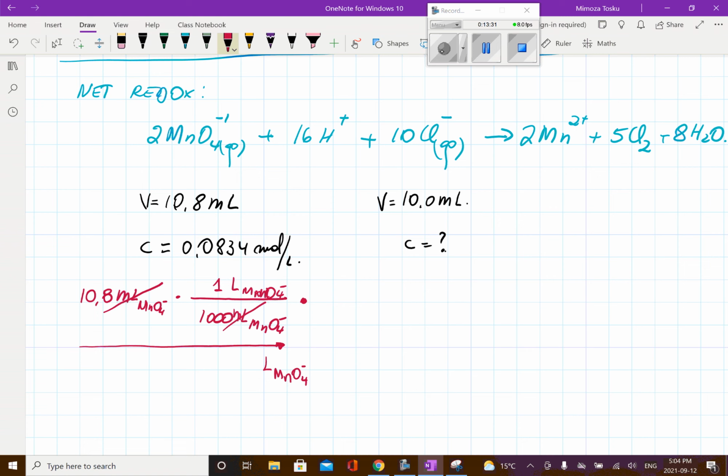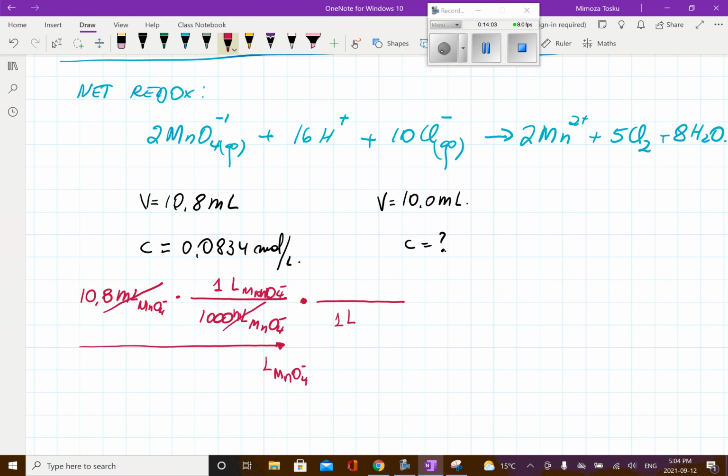And now let's use the concentration. This value of the concentration is saying that in 1 liter of the solution, we have 0.0834 moles of permanganate. So to cancel the liters that we have in the numerator, we will need to have liters in the denominator.